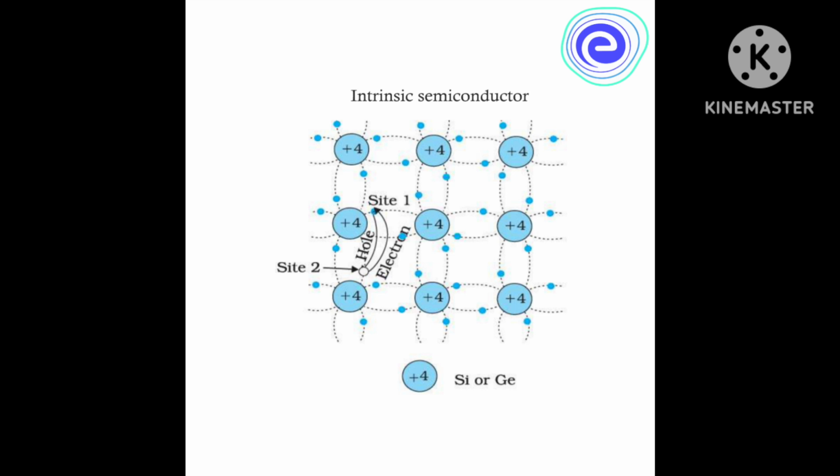After that, again further I am telling you other examples: zinc sulfide and cadmium sulfide. ZnS, CdS, and cadmium selenide, CdSe, and HgTe, Hg mercury, Te tellurium, are examples of groups 12 and 16.